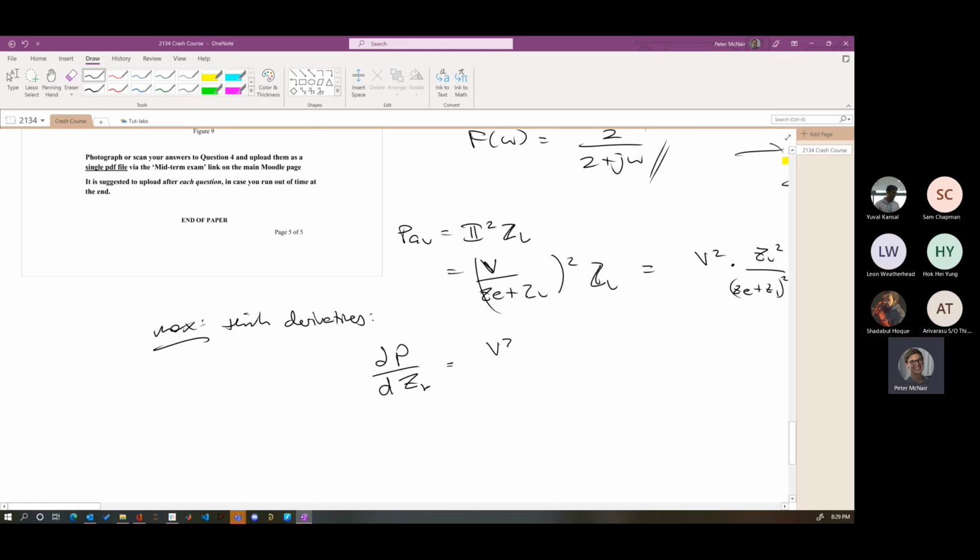This is equal to, by quotient rule, ZE plus ZL squared minus 2 ZE plus ZL, all over ZE plus ZL to the fourth. Now let's set this equal to 0.